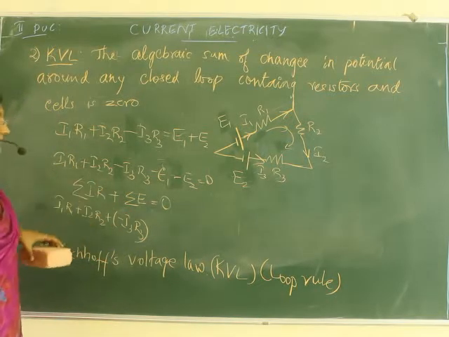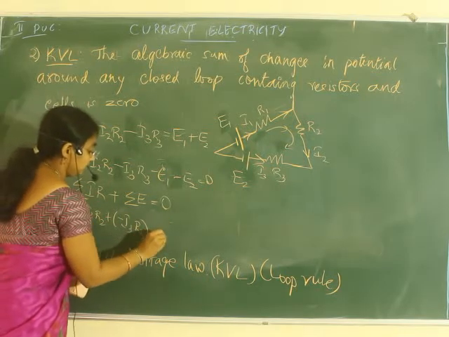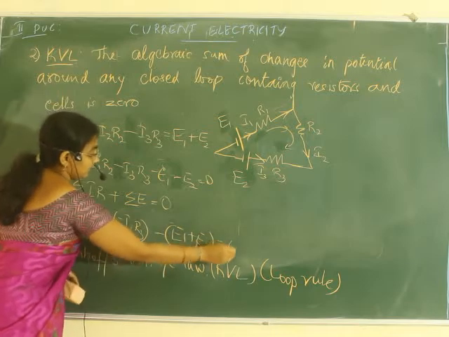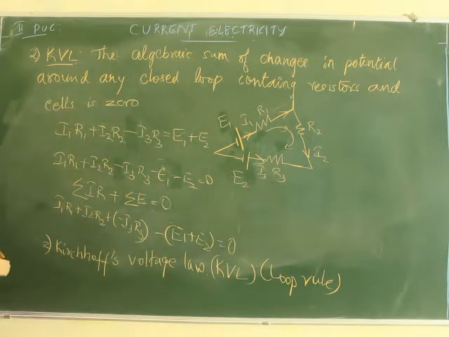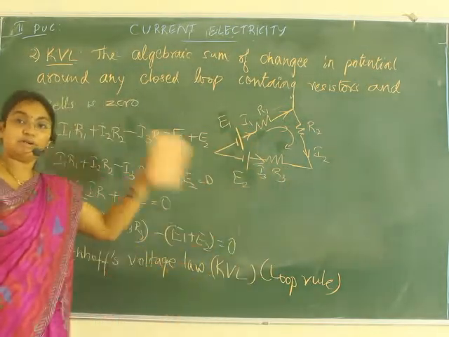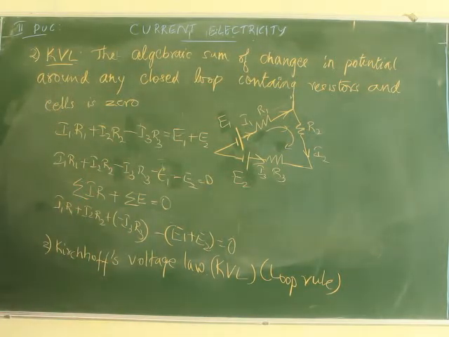So I can write it as summation IR plus summation E1 plus E2. So we can write summation E. Understood? Shall I move further? So wherever you get the EMFs, you put it in the right hand side, and where you take it to the left hand side, so that it will be easy for you. Understood?